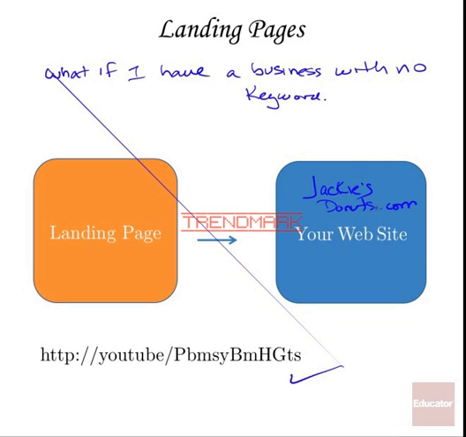So what we had Jackie do is create a landing page called Fallbrook Donuts, Fallbrook being Fallbrook, California, as I mentioned before. It narrows it down, because people will search for Fallbrook and they will search for donuts.